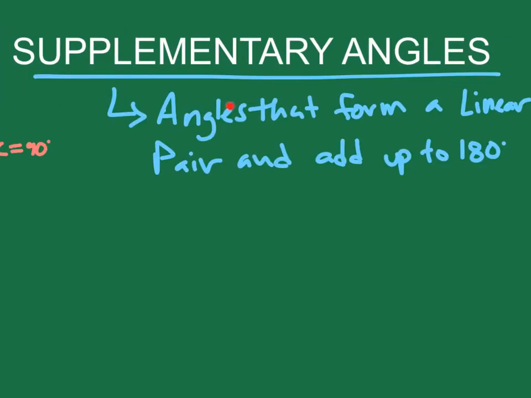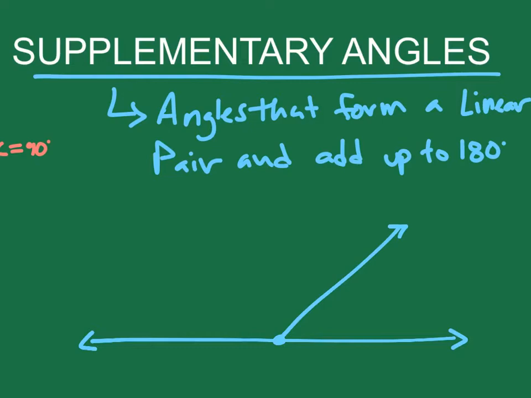Supplementary angles are angles that form a linear pair and add up to 180 degrees. Now, we've already done a bunch of problems like this, but what I want to do is draw a line, put a point in the middle, and have a ray coming out like that.